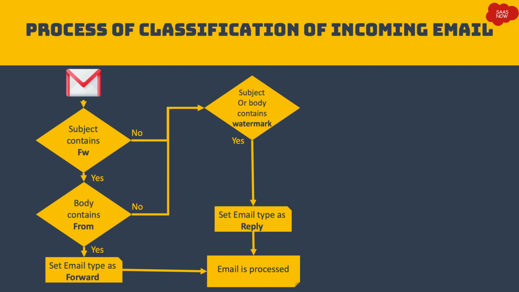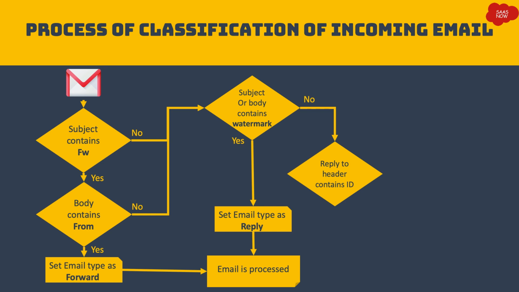Now, let's say the answer to whether the subject or body contains a watermark is no. In that case, the system will check if the reply-to header contains the existing record ID.